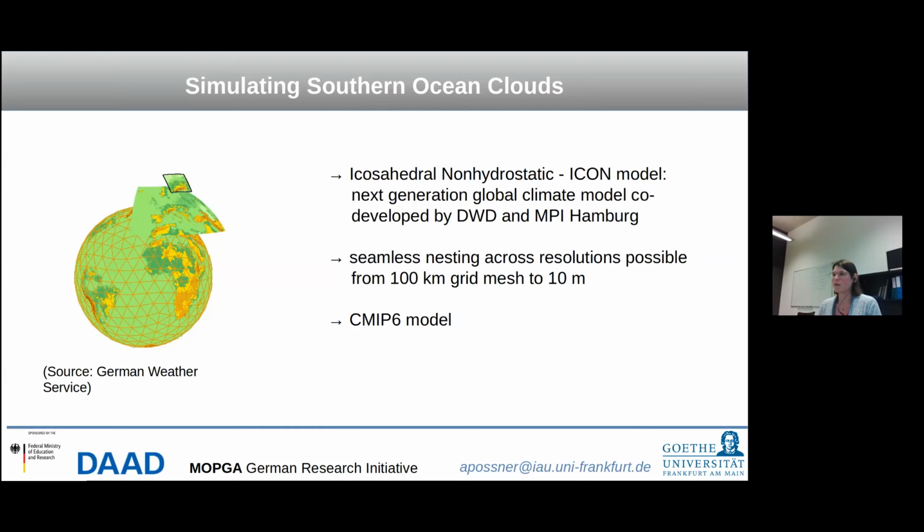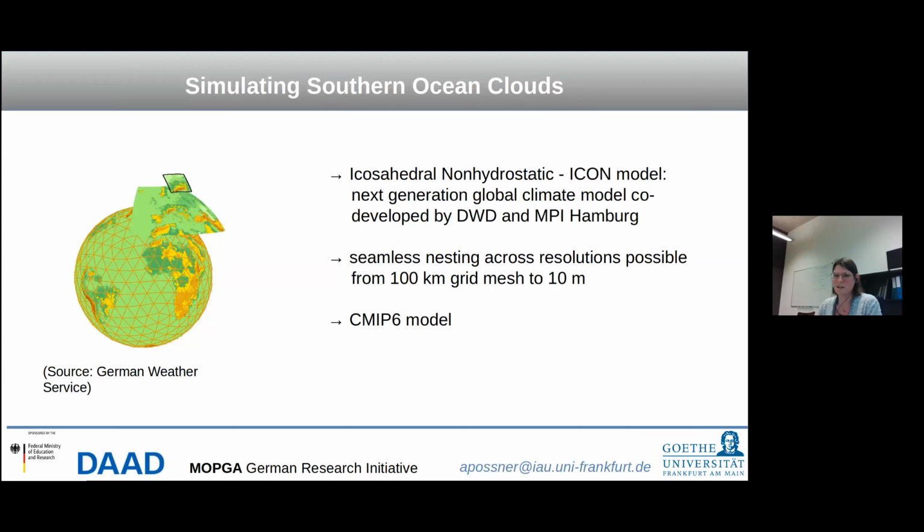It's been co-developed by the German Weather Service and the Max Planck Institute for Meteorology in Hamburg. And the great feature about this model is that it has a rather unusual grid. I think we're all still of the generation that might have had a globe in their kids' room, right? And they tend to show a very different type of grid. There's the traditional longitude and latitude grid, and that has a severe problem, and that's where the axis goes through your globe.